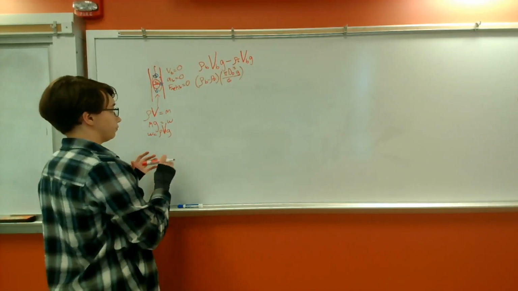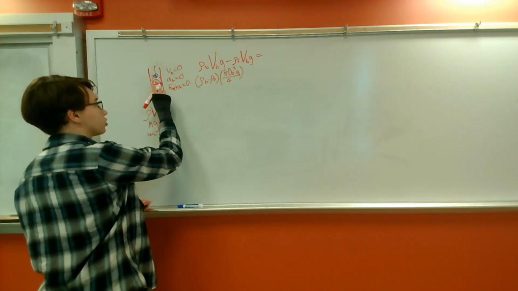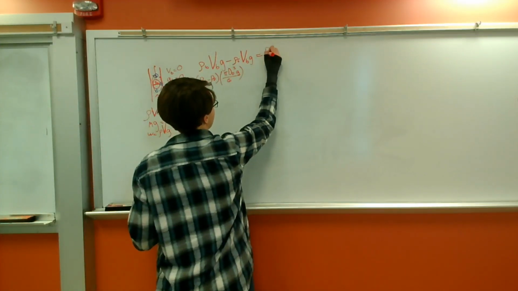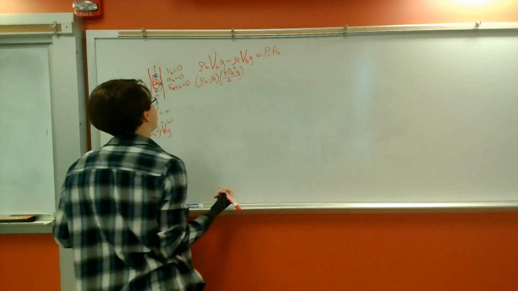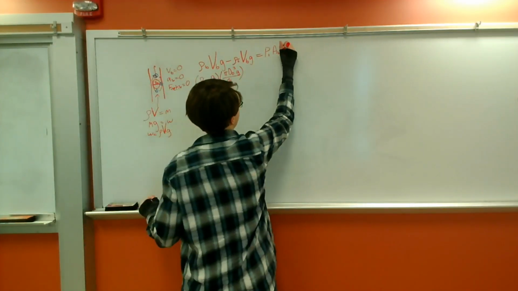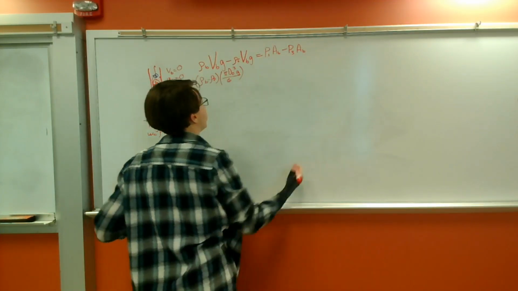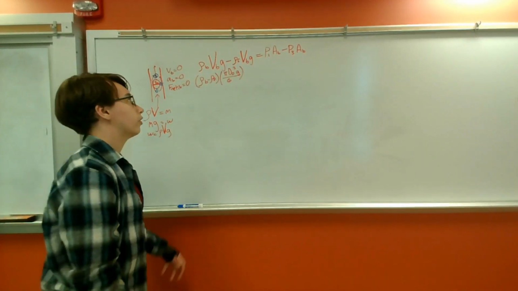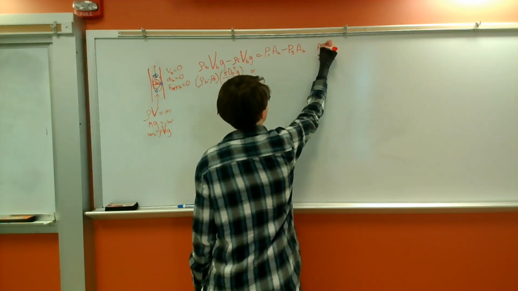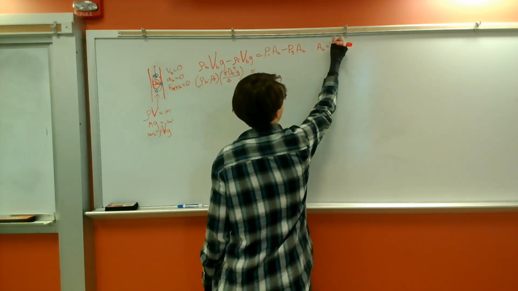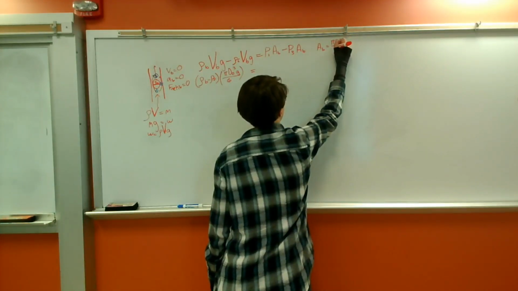So we're going to have this equal to pressure 1 times the cross-sectional area of the ball, and then minus pressure 3 times the cross-sectional area of the ball. And the cross-sectional area of the ball is going to be pi d squared over 4.